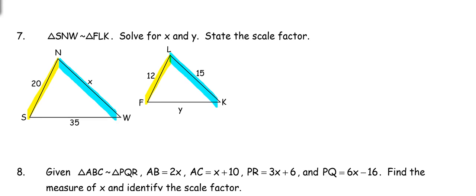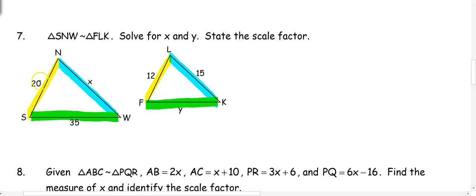And we know that our longest side is SW, the first and last letter, and it matches up with FK. So now we're going to solve for x and y. So I see that 20 and 12 have numbers on both of those sides. So we're going to use 20 over 12 twice to solve for x and y.